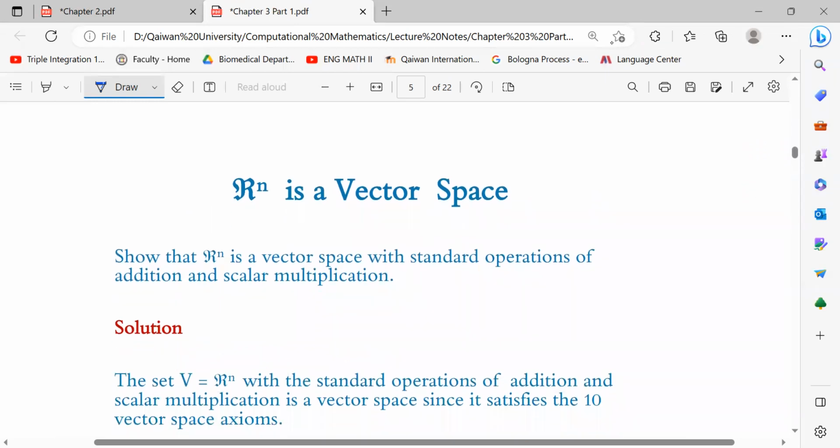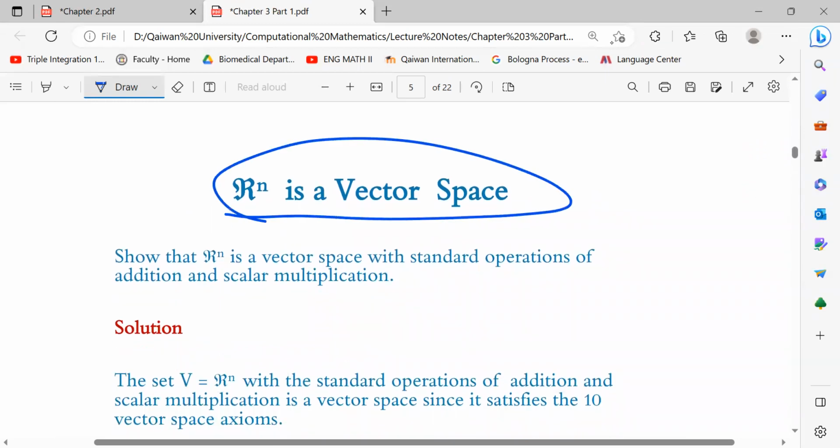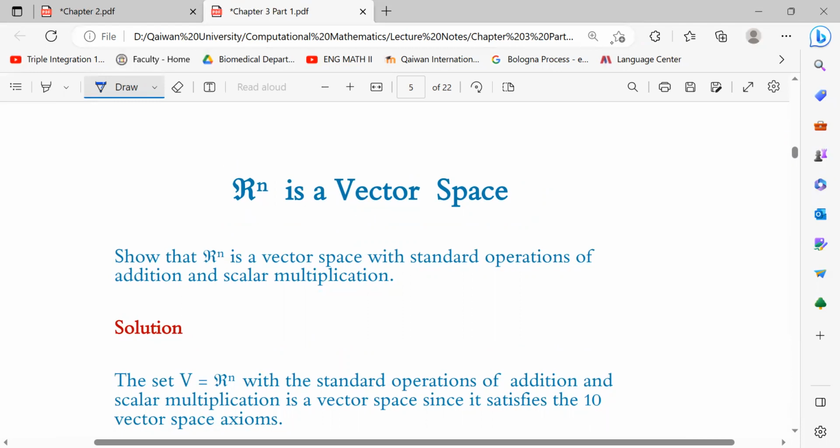Look, it says Rn is a vector space. To show that Rn is a vector space, it must satisfy all the axioms.